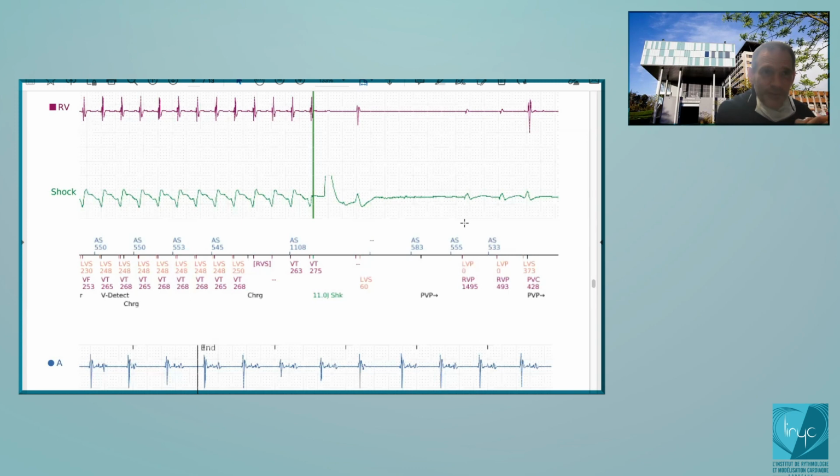You need to have 8 out of 10 initially, non-programmable. You cannot reprogram it. And then we'll start the initial duration. Nominally, you're supposed to program 5 seconds at least in the VF zone and a minimum of 12 seconds. I may recommend to program a bit more even in the VT zone, okay?